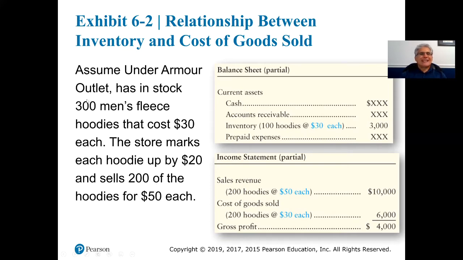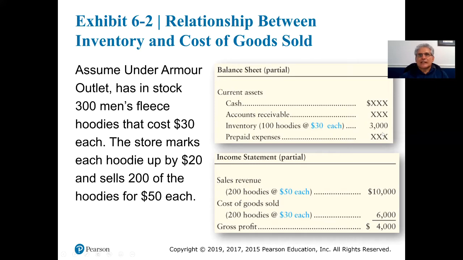So we know that initially, when the inventory was purchased, before you do anything, you're going to have in inventory 300 fleece hoodies at $30 each. So what's going to actually go into inventory is 300 times 30, which is $9,000. Initially, right when they purchase it, you would expect to see inventory at $9,000.